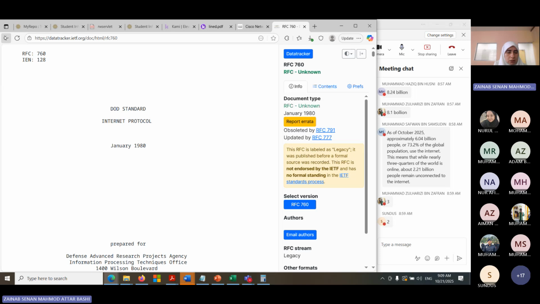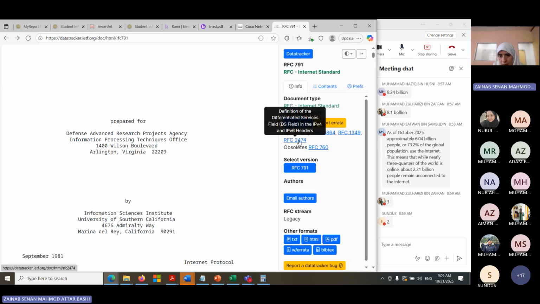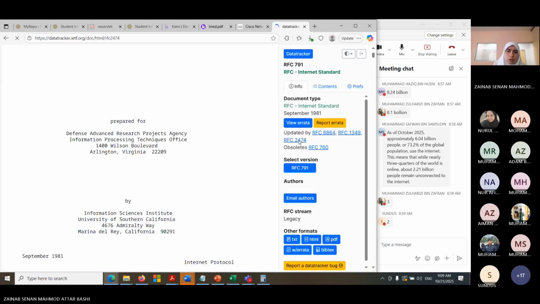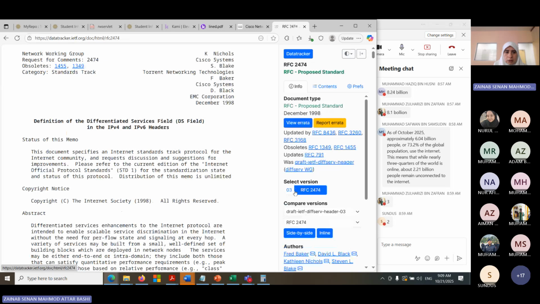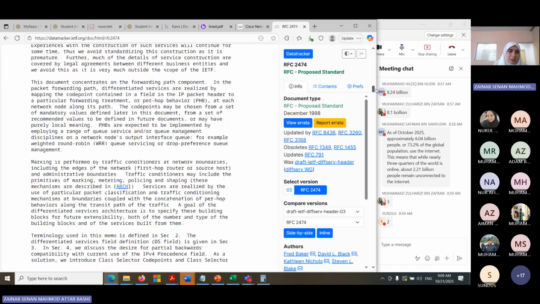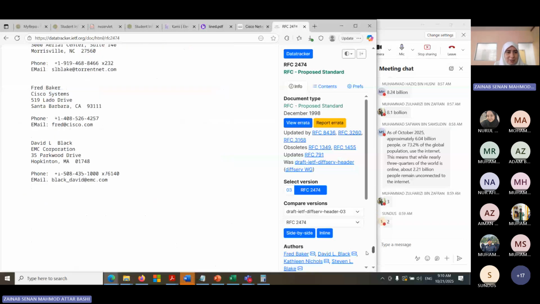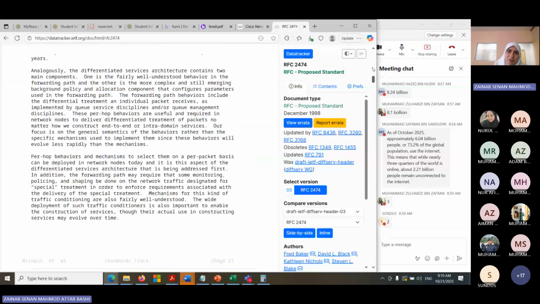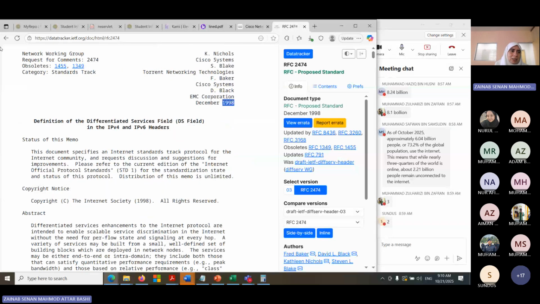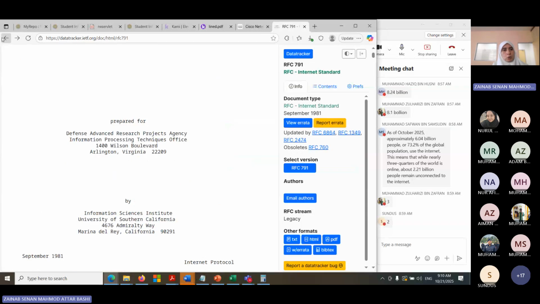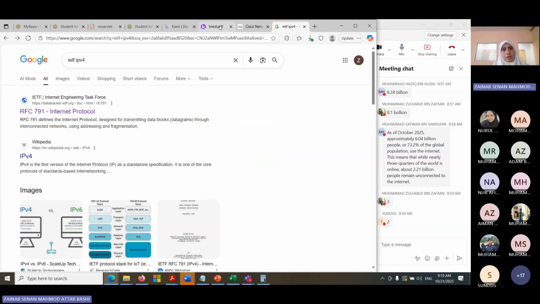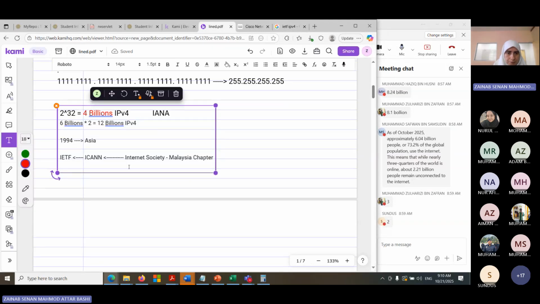Sorry, I think I mistakenly clicked the wrong one. Okay, see this one, in 1998 they are still talking about IPv4. On this website, if you read it, there are no images at all. Very technical, all text, a lot of text, sometimes hundreds of pages. So these are the people who are making all the internet technical parts.